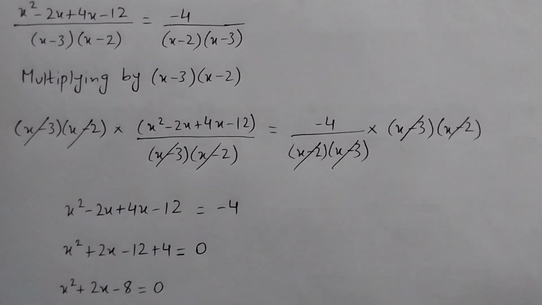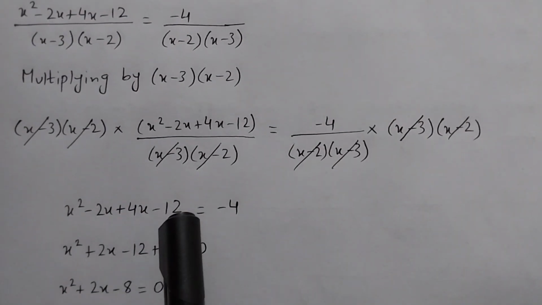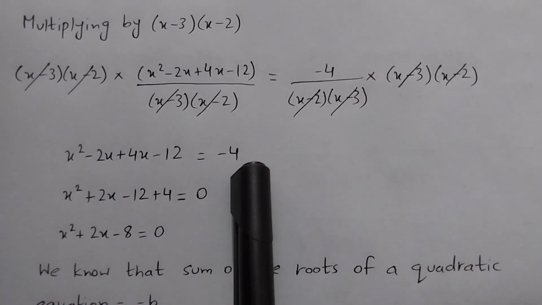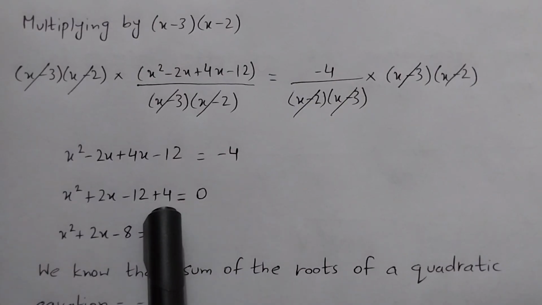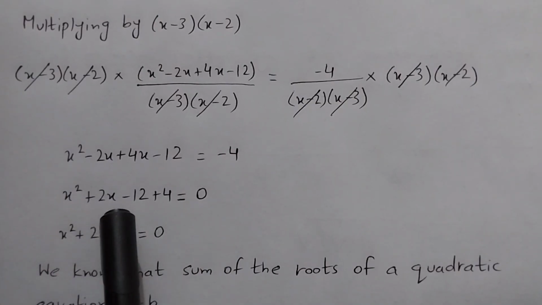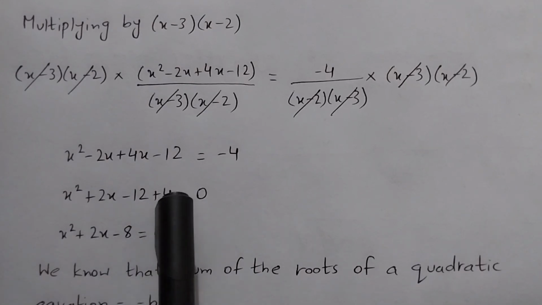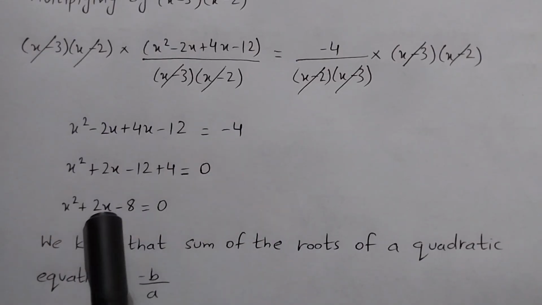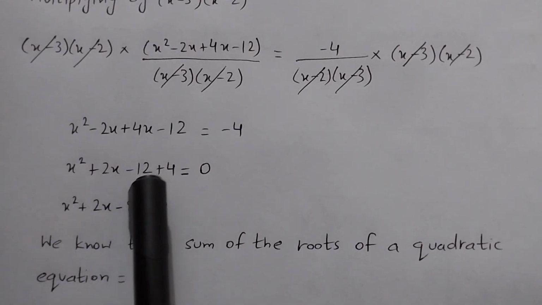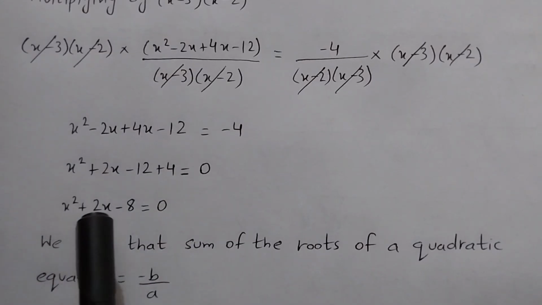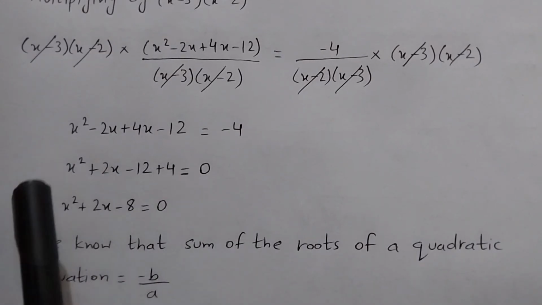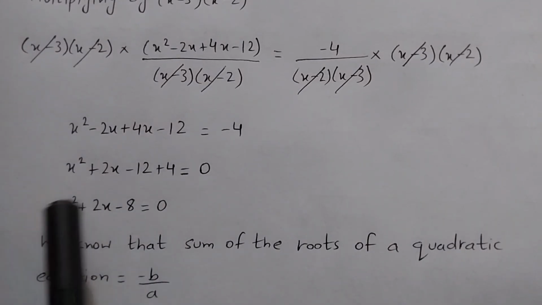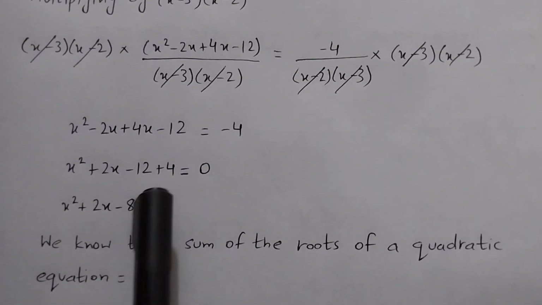So we are left with x square minus 2x plus 4x minus 12 equal to minus 4, and this minus 4 can be shifted to the left side, and we get x square plus 2x minus 12 plus 4 equal to 0. If we solve these two terms we get x square plus 2x minus 8 equal to 0. So we get a quadratic equation, and we are interested in the values of x, which are the roots.